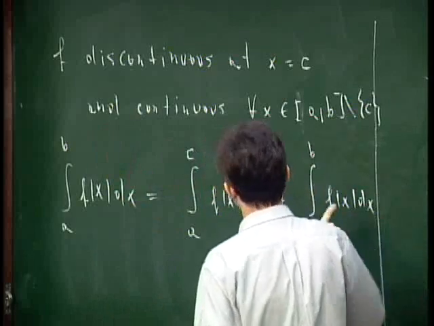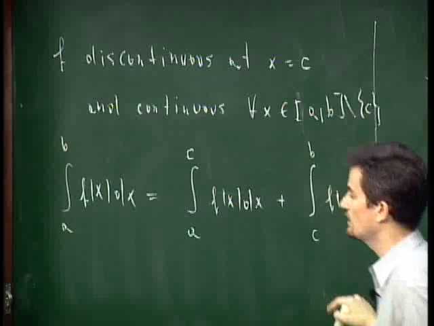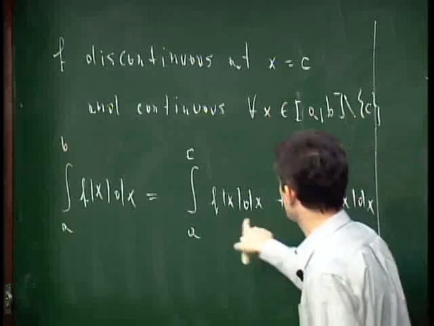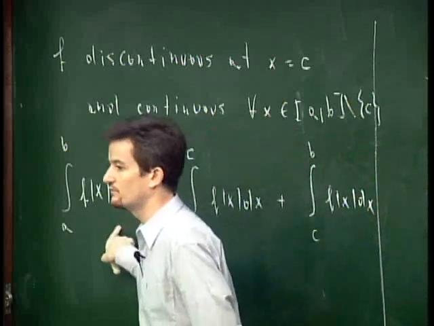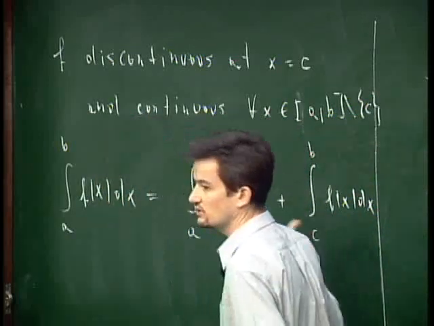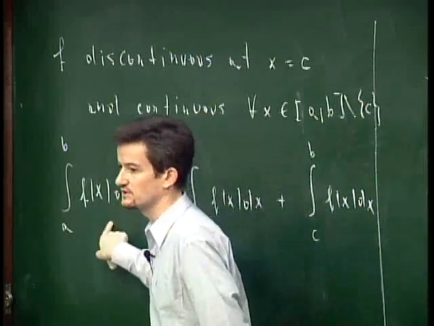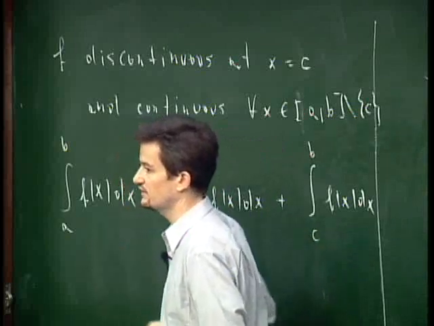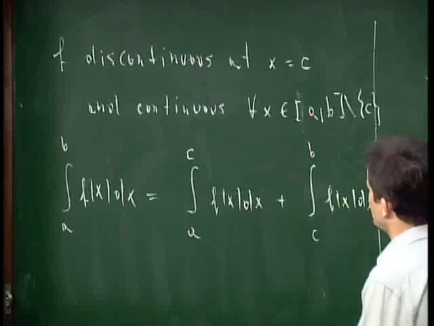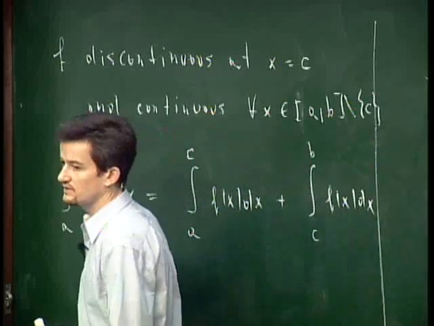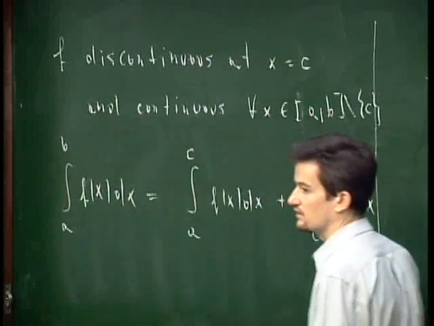You have to look at those two separately, and then figure out whether both of them are convergent. If both of them are convergent, this one will be convergent as well. If one of them is not convergent, this one will be divergent. So this is the definition for the type 2 improper integral if the discontinuity is inside the integration interval.